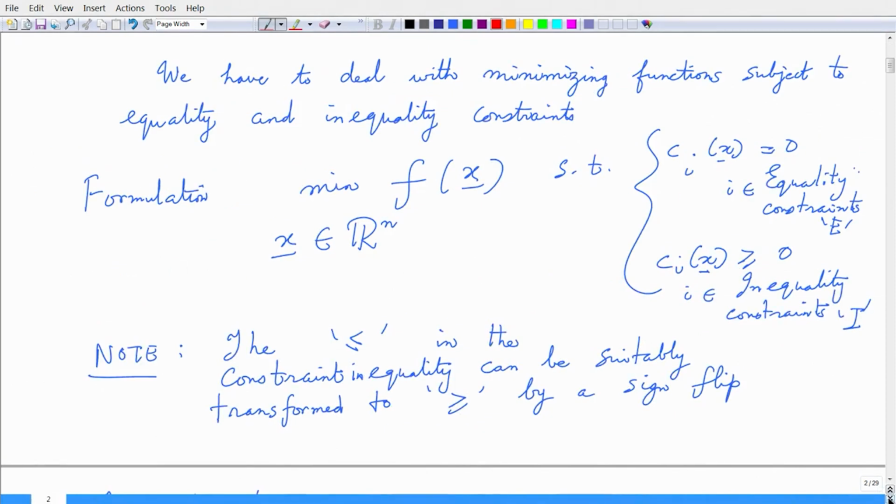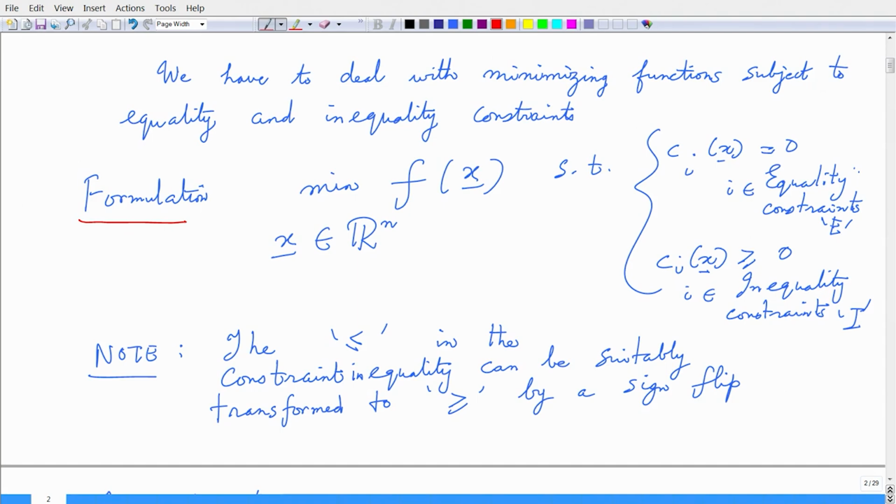We have to deal with minimizing functions subject to equality and inequality constraints. So, if we think about how this could be formulated in general, f of x is my objective function and x happens to be a real vector in an n dimensional space.